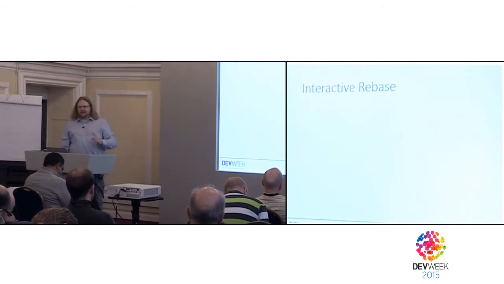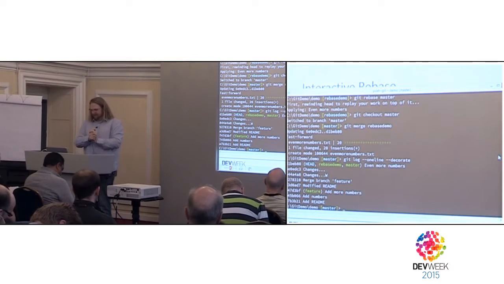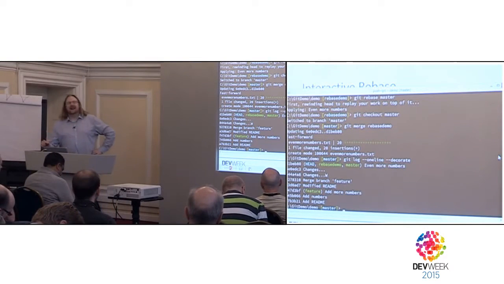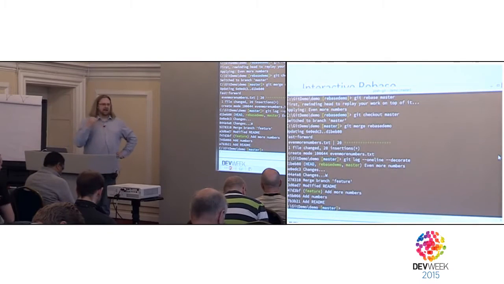So, interactive rebasing. I put this here just so it would remind me to do it. Okay, interactive rebasing, this is fun, for various different definitions of the word fun. So what I often do is, especially if I'm working on something, let's say a large code-based refactoring, I will have lots and lots of very, very small commits.